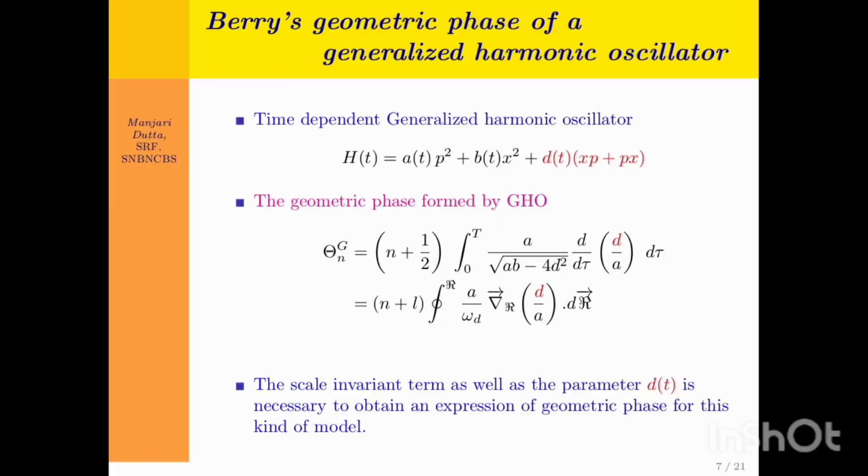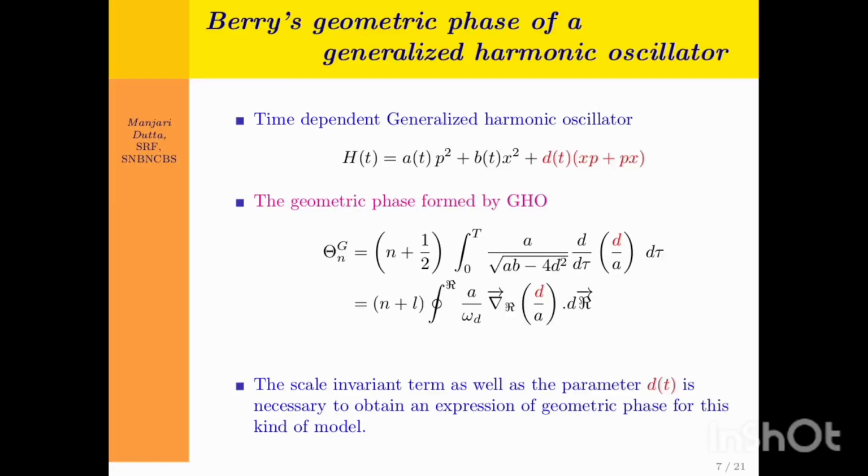If we look at its Berry phase form, we can easily realize that without d(t), which is the coefficient of the scale invariant term, the geometric phase is 0. Now we are not going into the details of the constructing procedure of this expression. We just know this result, observe its structure, and we'll use it for our own purpose.